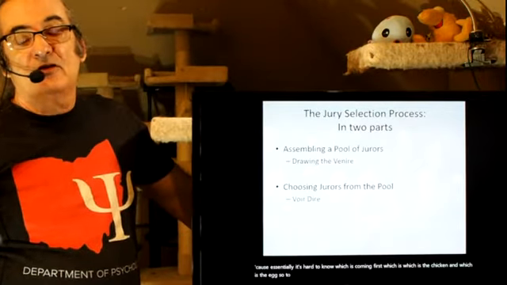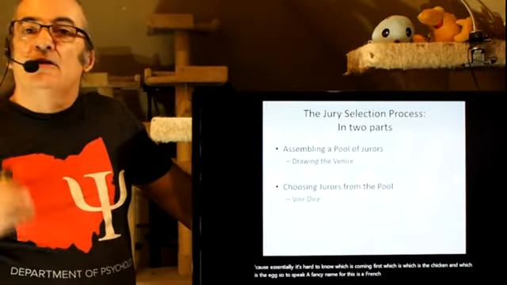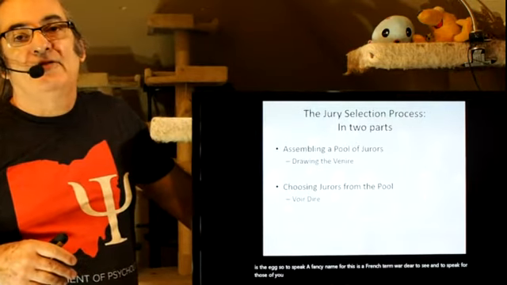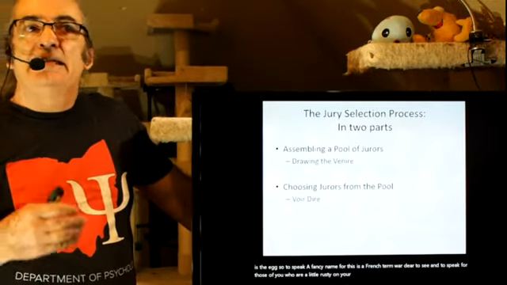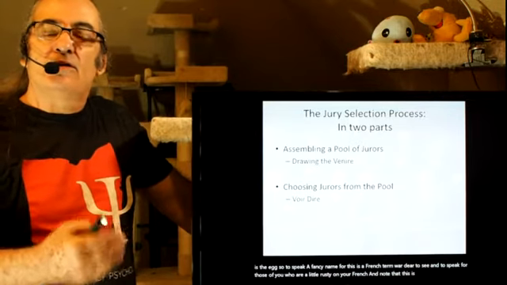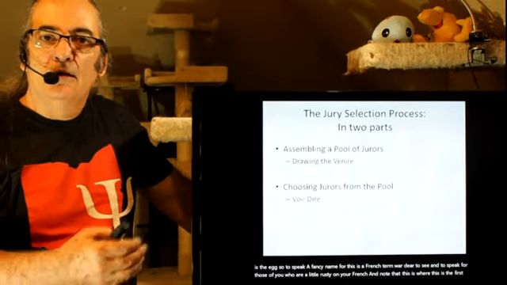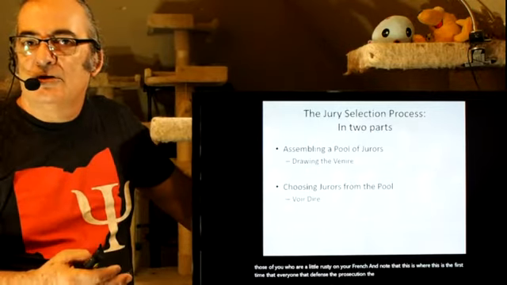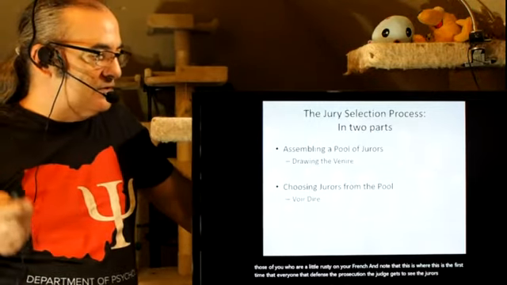The fancy name for this is a French term, voir dire, to see and to speak, for those of you who are a little rusty on your French. And note that this is the first time that everyone, the defense, the prosecution, the judge, gets to see the jurors and hear them speak as they're asked questions.